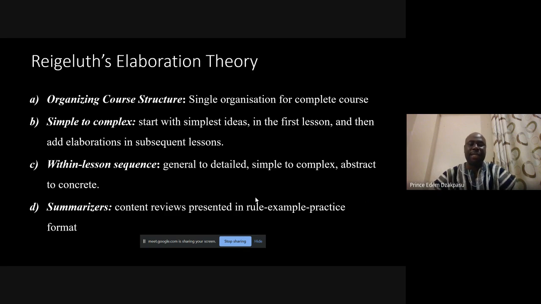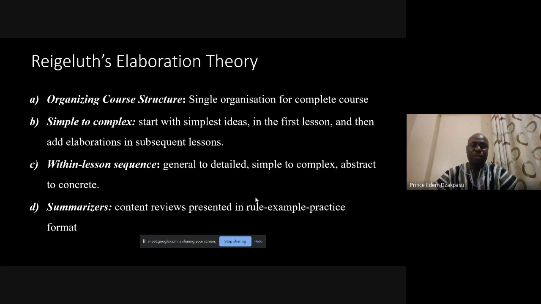Secondly, he says that we should have a movement or transition from simple to the complex. We start our lessons or teachings such that we move from what is simple, the simplest ideas, and then as we progress, we can move to more complex aspects of the course.